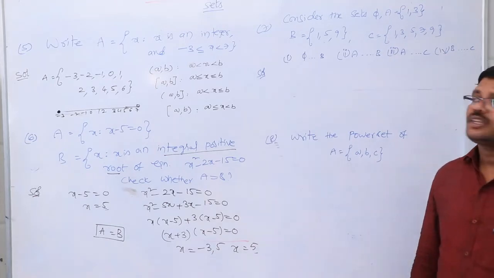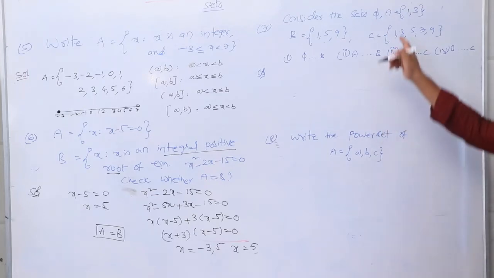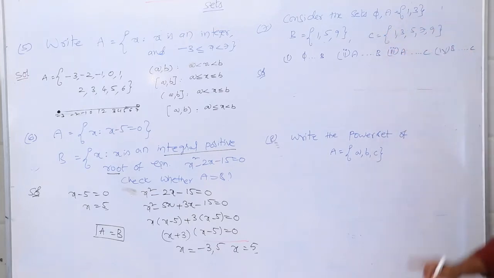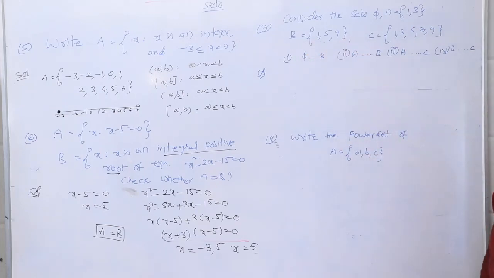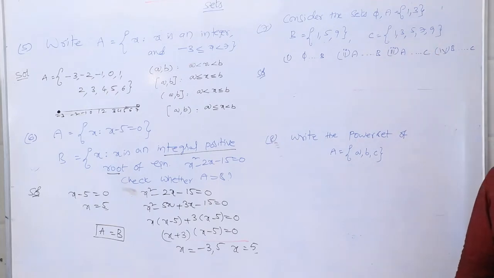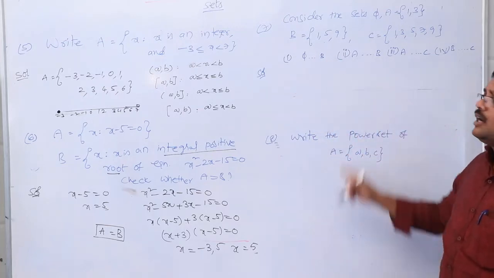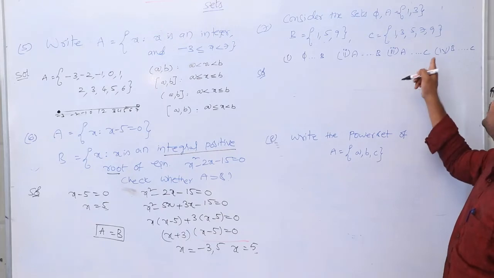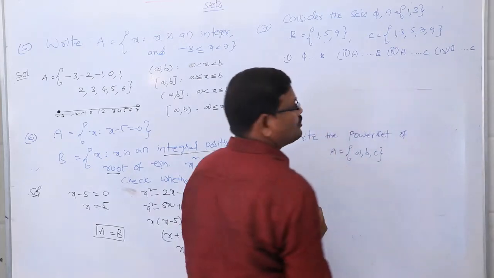Next question. Consider the sets: A = {1, 3}, B = {1, 5, 9} and C = {1, 3, 5, 7, 9}. What is the relation between the empty set and B, A and B, A and C, and B and C?